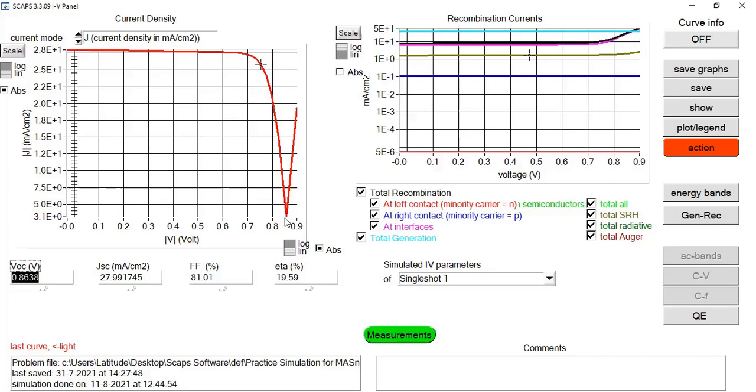In short, on the y-axis, the voltage will be 0 at the maximum short circuit current value. That's why I'm saying short circuit current value, JSC. And at the value of VOC on the x-axis, the current will be 0. So people get extremely confused here. What do you mean by IV characteristic curve, and what do you mean by JV characteristic curve?